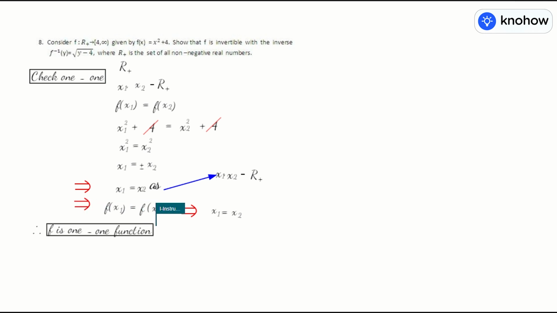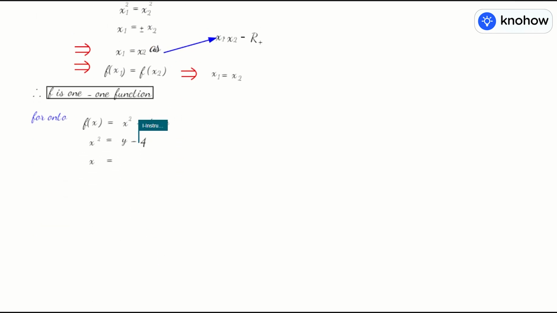And now to check onto. It is a one-one function, and for onto, given f(x) = x² + 4, let it be equal to y, an element in the range of the function. Work out the value of x from here. x² = y - 4 and x = ±√(y - 4).